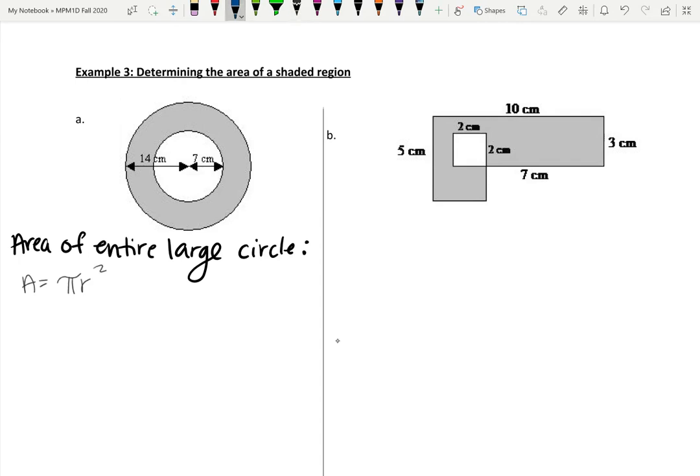So my radius from the center of the circle all the way to the very exterior circumference is 14 centimeters. 14 squared is 196, times pi is 615.8 centimeters squared.